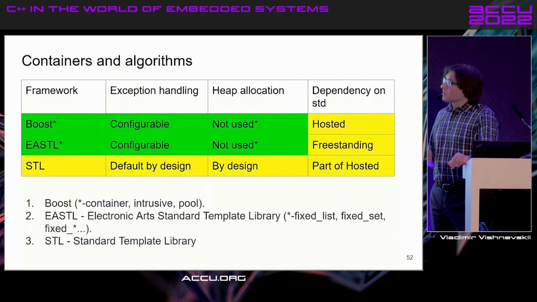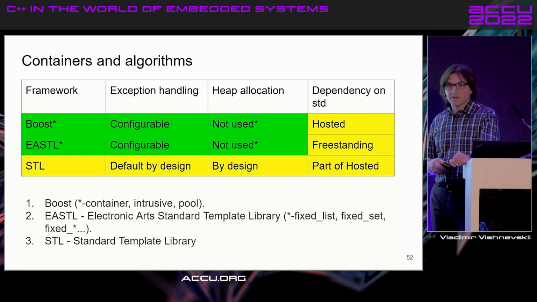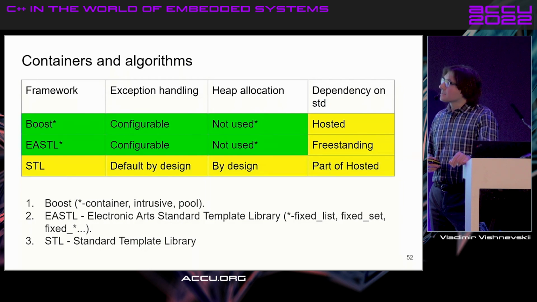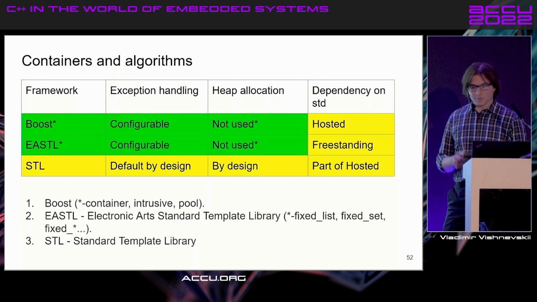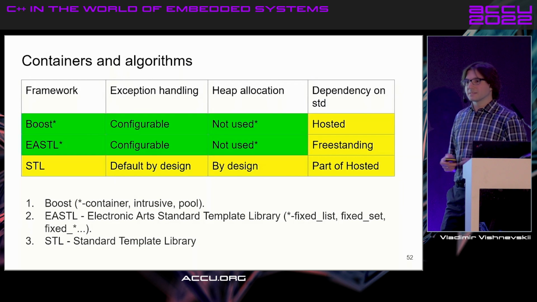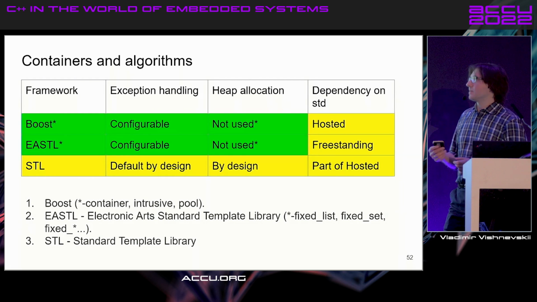Of course, when we are talking about frameworks for C++, first of all we would probably look at Boost. There are several containers or facilities that can help us to avoid heap allocation. We will review them a bit later.